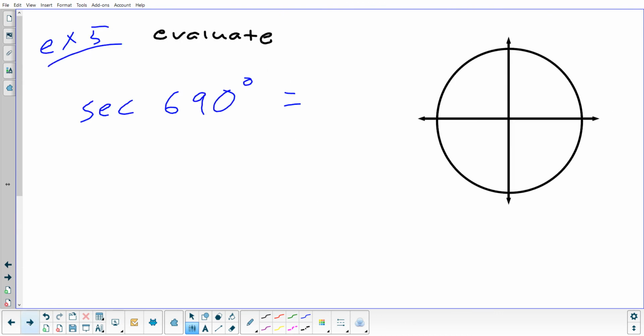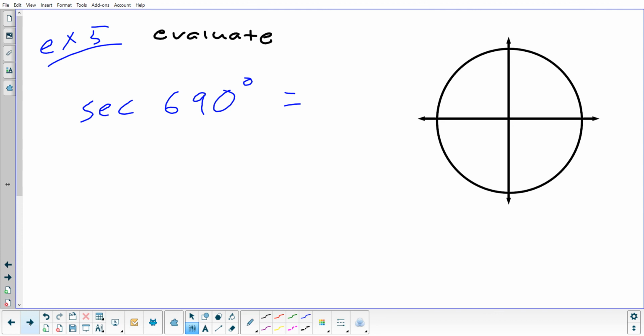Okay, secant of 690. So it's already in degrees for people that like to think in degrees, so that's good. But what's not great about that angle? Ethan? It's really big. Yeah, it's too big. The bigger it is, the harder it is to think about where it would be on the circle. So what can we do to make it smaller, but it won't mess up the answer if we do this?